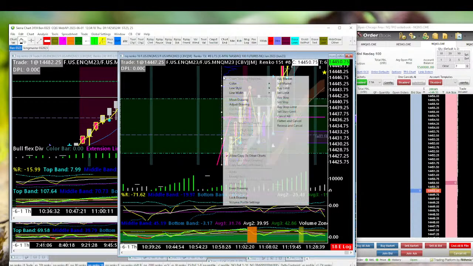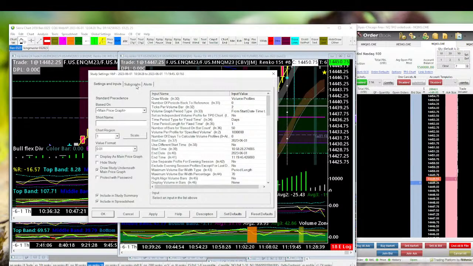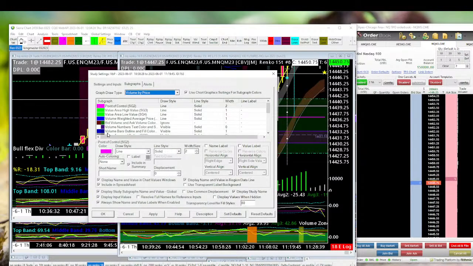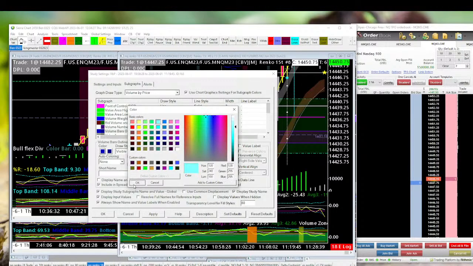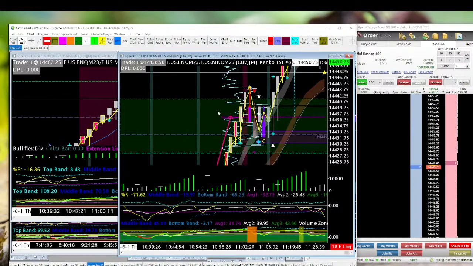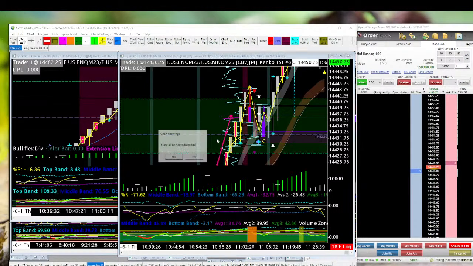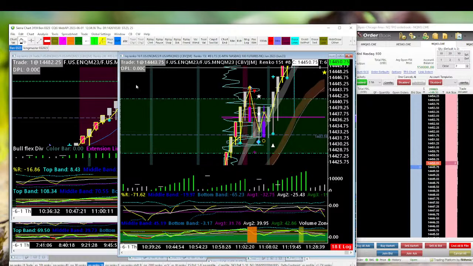What you're going to see is a high volume area. This one. And this one. So let's make it visible. Okay. So we're going to erase the lines. All right. So see where the peaks are?